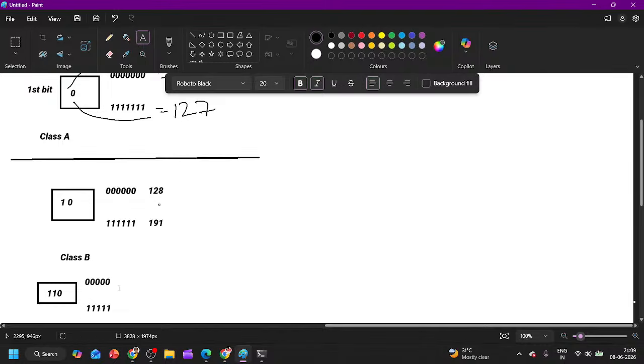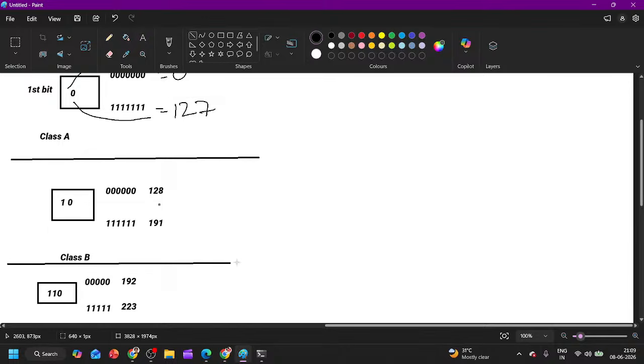Again, if you convert this into decimal, calculate it: 128 plus 64, it is going to be 192. And here 223. This range is reserved for class C.